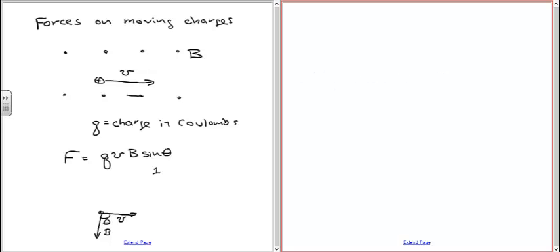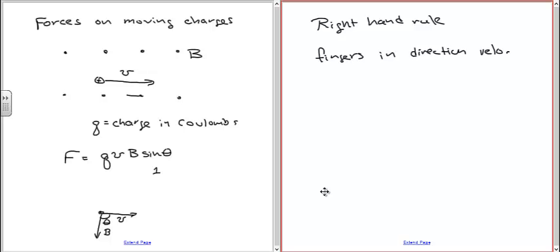Now, remember there's a couple of right-hand rules. This all applies for a positive charge; if it's a negative charge, it's the opposite direction.